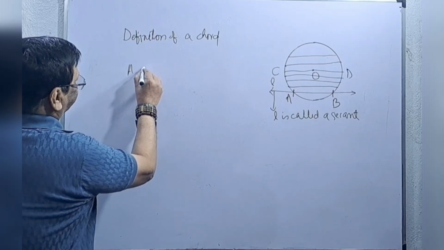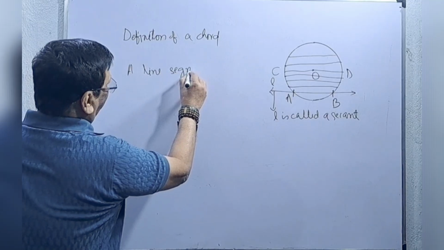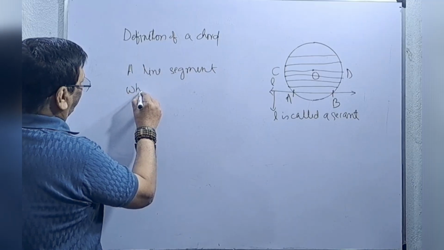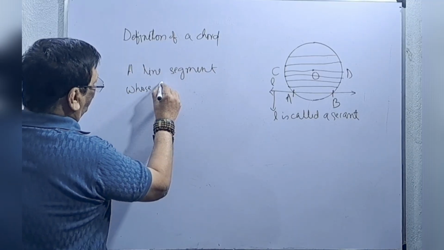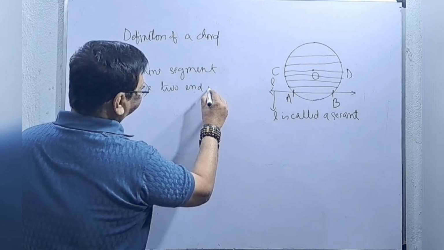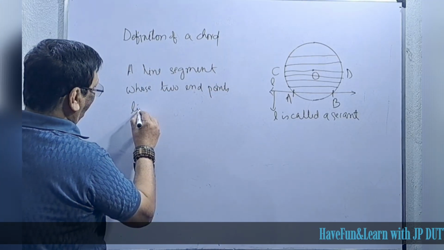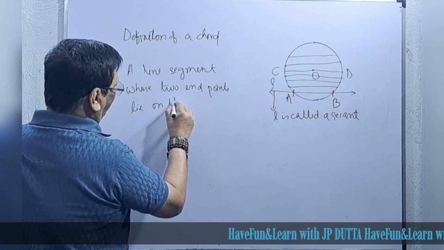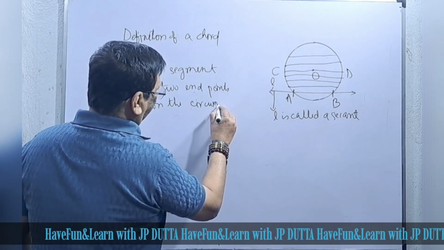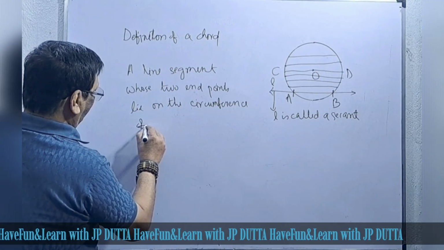A line segment whose two endpoints lie on the circumference of the circle.